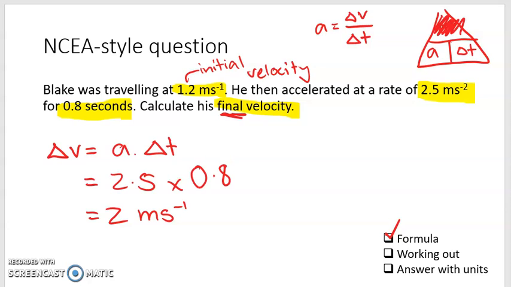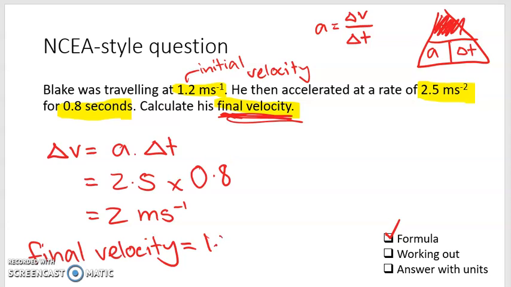Now remember though, we wanted to calculate the final velocity. So if he started at 1.2 meters per second and he changed that velocity by 2, we add them together.